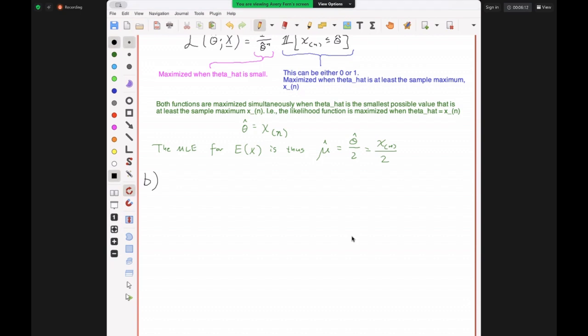Well, we can't say that theta is equal to theta hat.